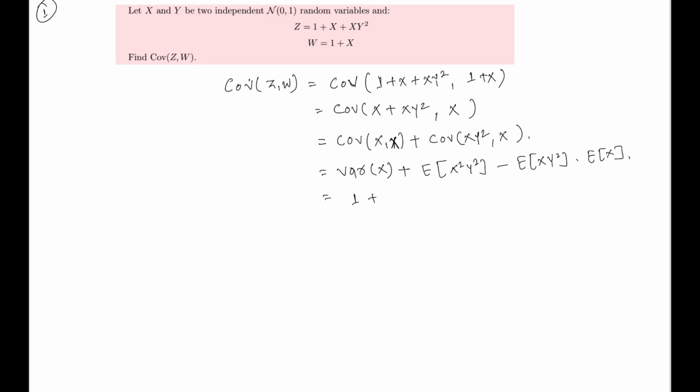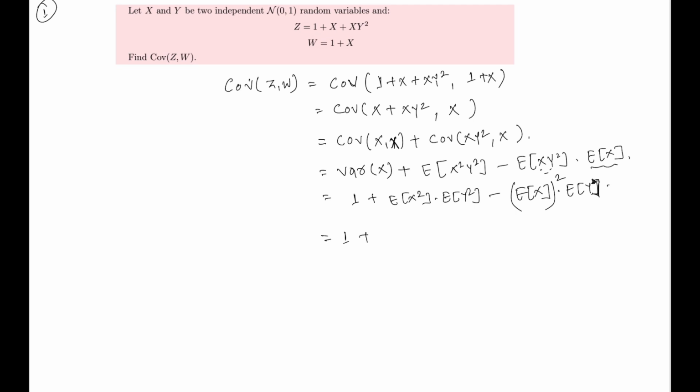So let me write it down also: expectation of x square, expectation of y square, minus, and here again x and y are independent, so this can be written as expectation of x square times expectation of y square, whole squared, right?